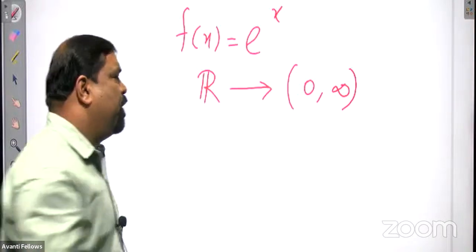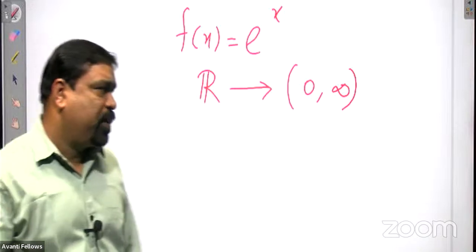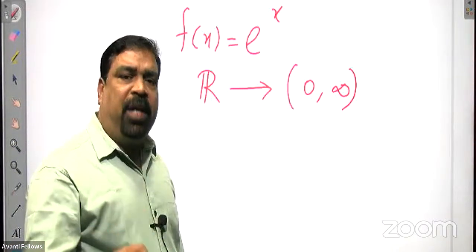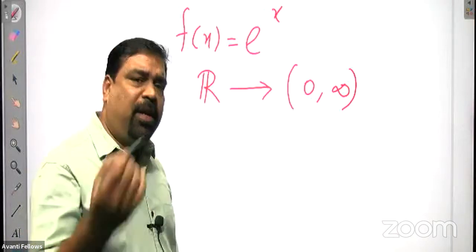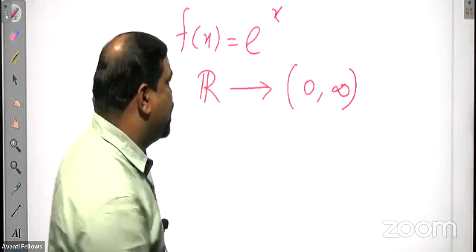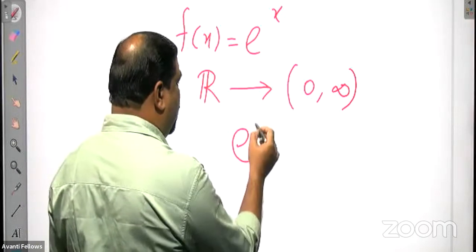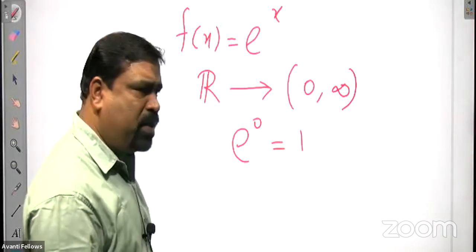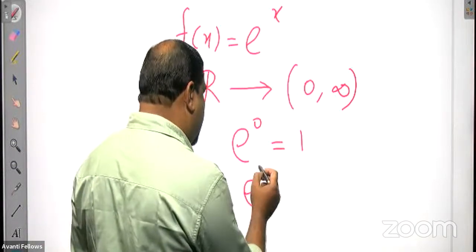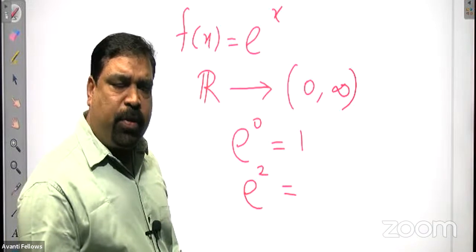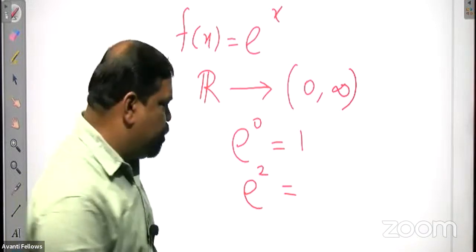That is very clear. Whatever value you put for x, e raised to x cannot be 0. E power x is never 0, and e power x is never negative either. If I put x equal to 0, e power 0 means 1. If I put x equal to 2, e square is clearly a positive number, since the square of a positive number is positive.